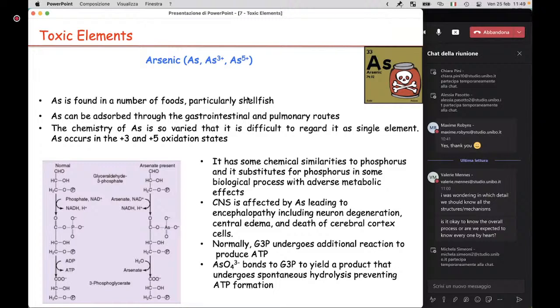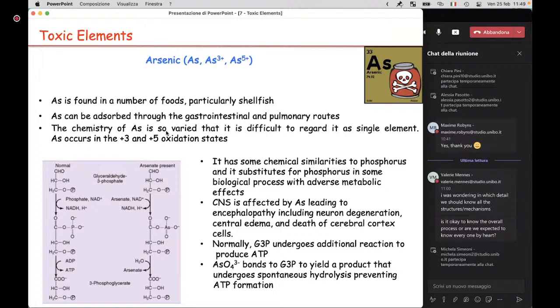Again, here the main problem is waste from manufacturing, in particular oil manufacturing. Oil distillation is a very big producer of arsenic.